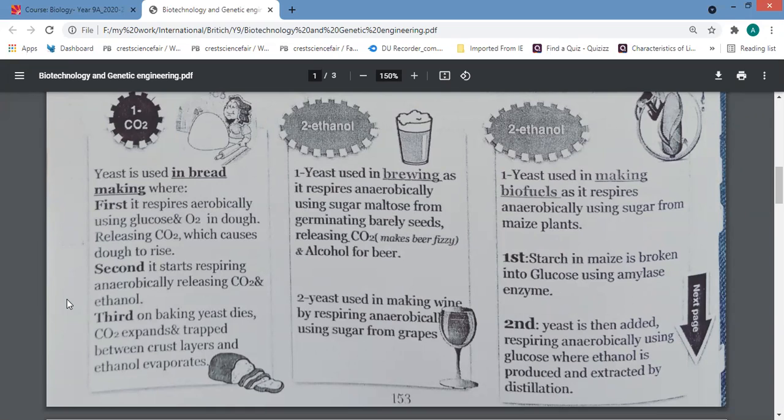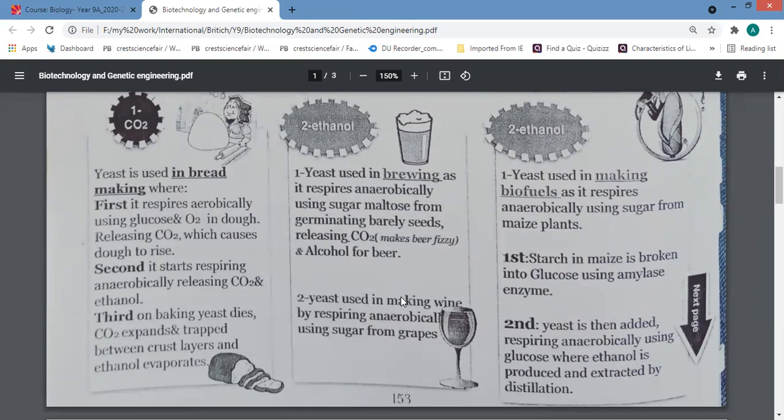In case of making ethanol or making brewings, making beer and wine, the yeast fungus respires anaerobically, but the type of sugar in this one is different, not glucose.